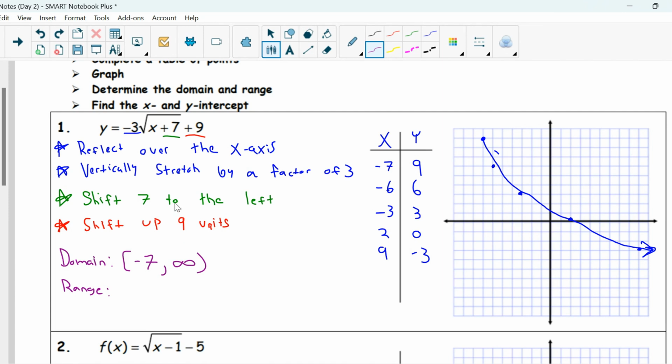I should have stated too, the lowest x value you can have is whatever the x value of your transformation leads you to. That's how I came up with -7. And my range, actually, since I have a negative, since I'm reflecting over the x-axis, I actually have a maximum here. So my minimum is going to be -infinity, and my maximum is going to be up here at 9.